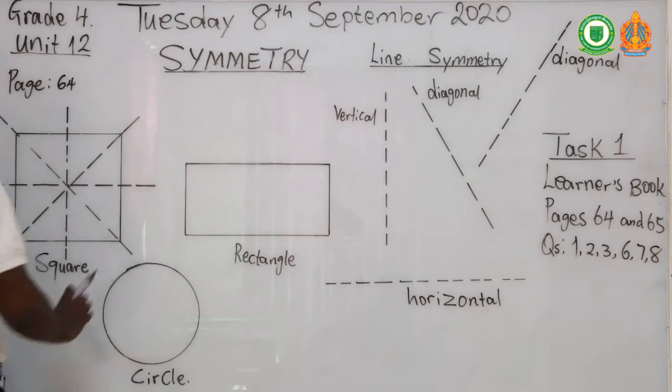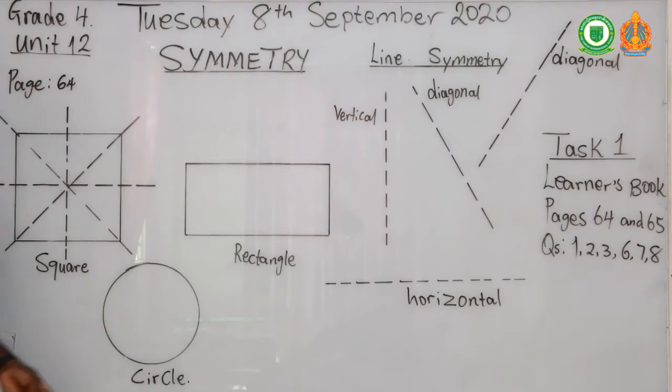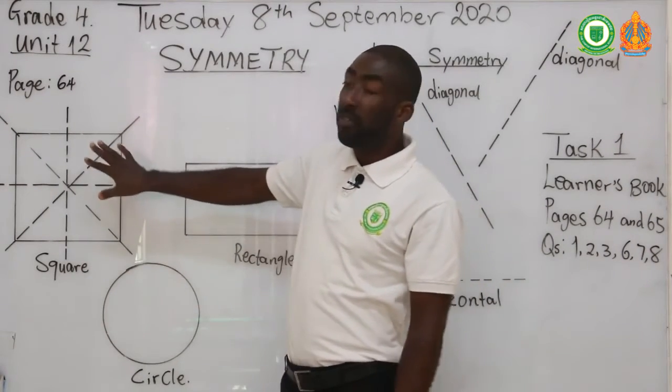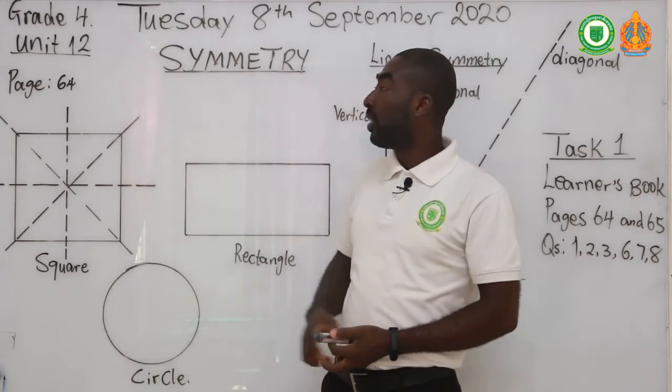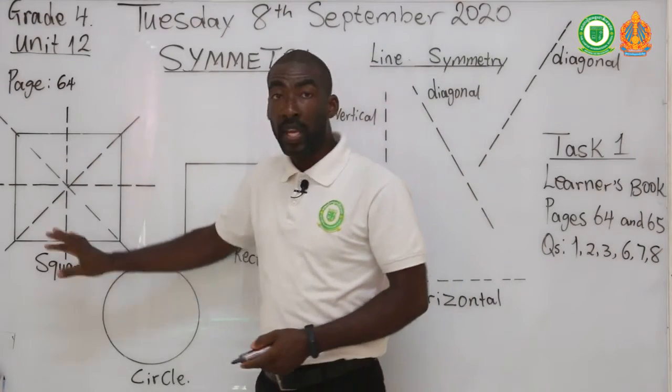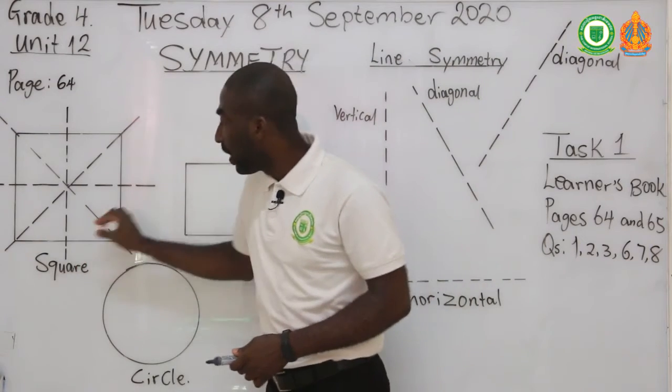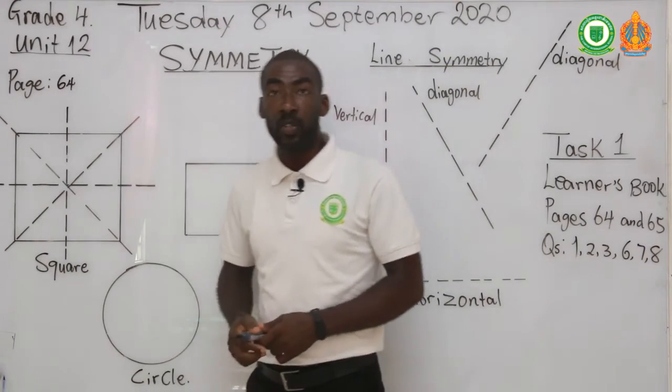Okay, so it means that with your square, you can put how many? You can put four lines of symmetry into your square, and all the halves are going to be the same, because if you put it here, this half and this half are going to be the same.